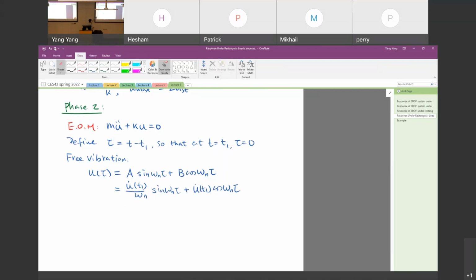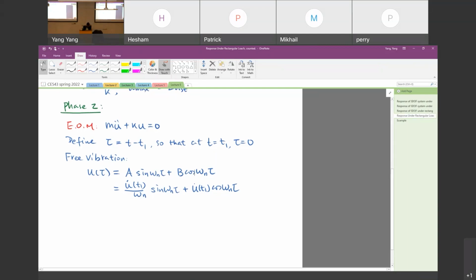Right? So the free vibration at time tau should be equal to the initial velocity over omega times sine omega tau, plus the initial displacement times cosine omega tau.